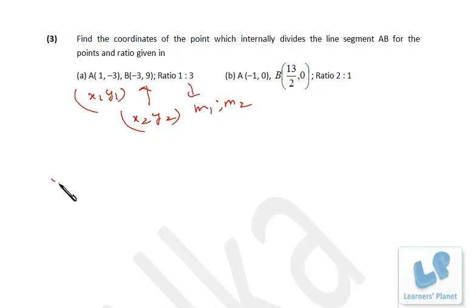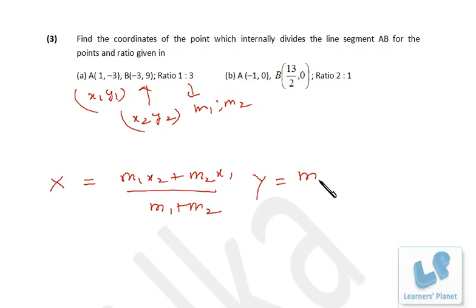So what's the coordinate? We assume x and y. So x will be m1 x2 plus m2 x1 upon m1 plus m2, and y is equal to m1 y2 plus m2 y1 by m1 plus m2, right? So m1 is, this is 1 and this is 3. So just put up the value.